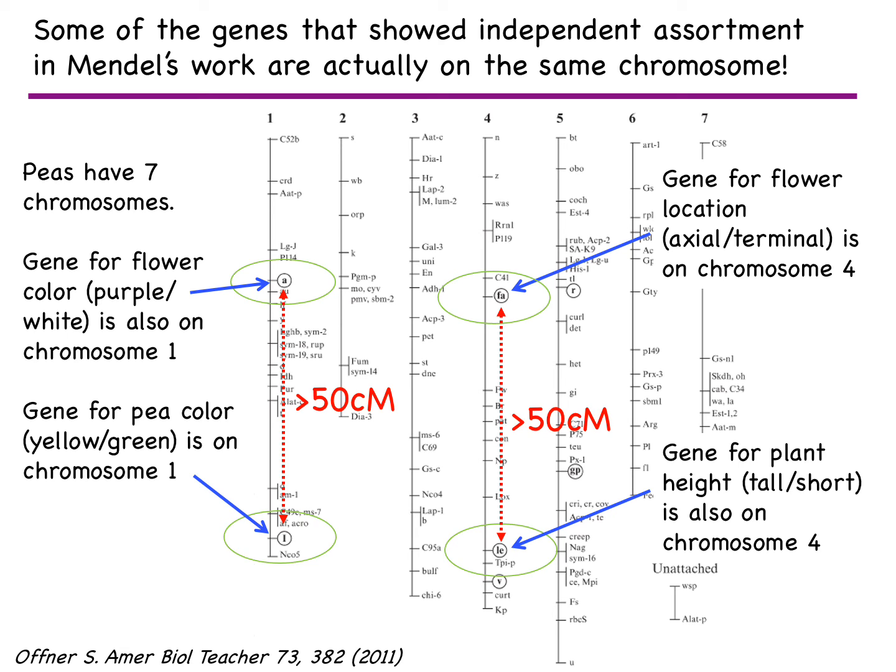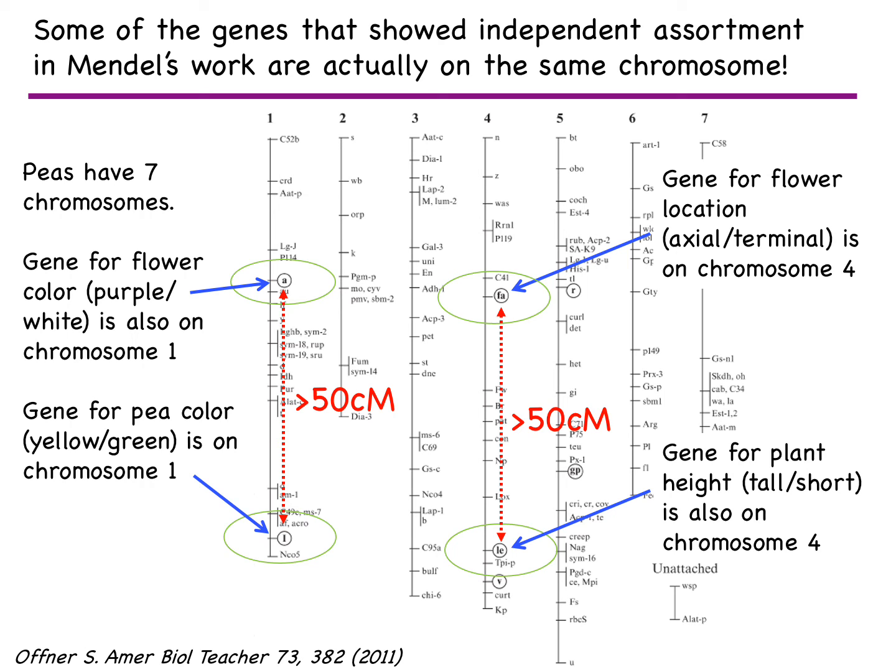So anytime a gene pair on a chromosome is more than 50 centimorgans apart on the genetic map, it's just going to show independent assortment behavior. It's going to act as if the genes are on different chromosomes. You're just going to see 50 centimorgans recombination frequency. Because again, if I didn't make this point clear, the maximum recombination frequency you're going to see between any pair of genes is never going to exceed 50 centimorgans.